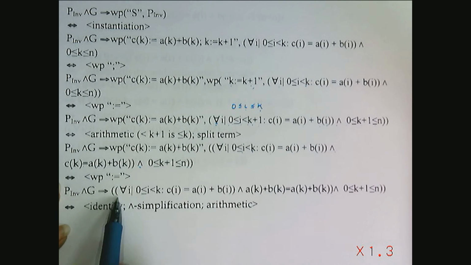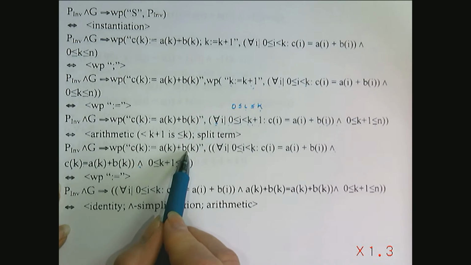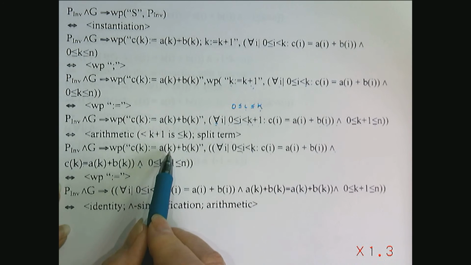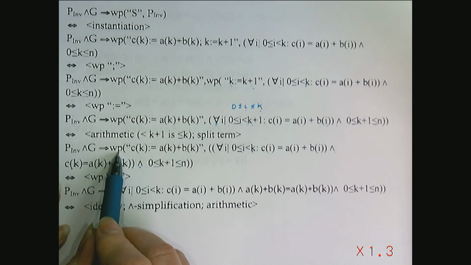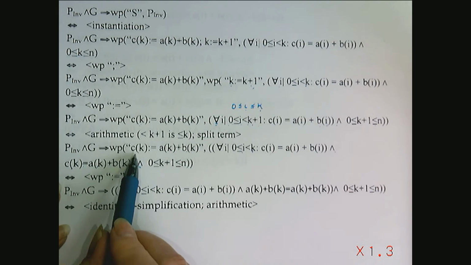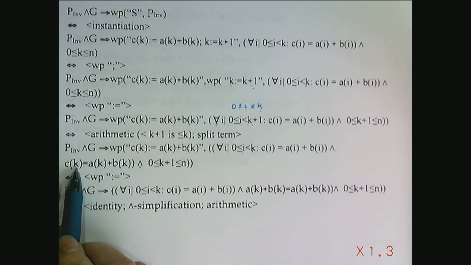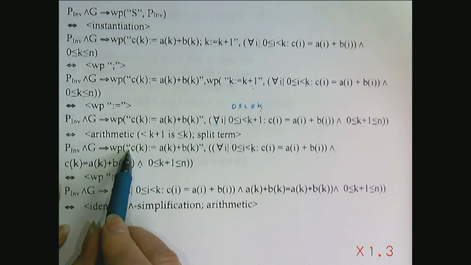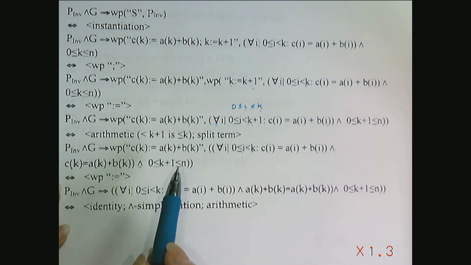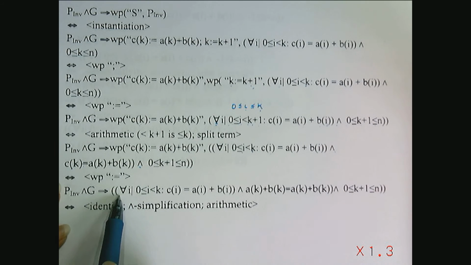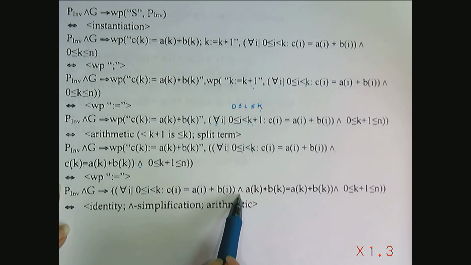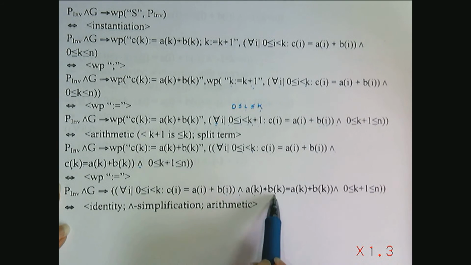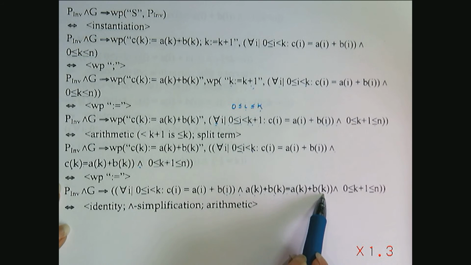So now when I do the textual substitution, c[k] becomes a[k] plus b[k]. I'm going to do a textual substitution for c[k] with a[k] plus b[k], because I'm trying to find the weakest precondition of an assignment. I find that I have the quantifier, and a[k] plus b[k] is equal to a[k] plus b[k], and an interval.